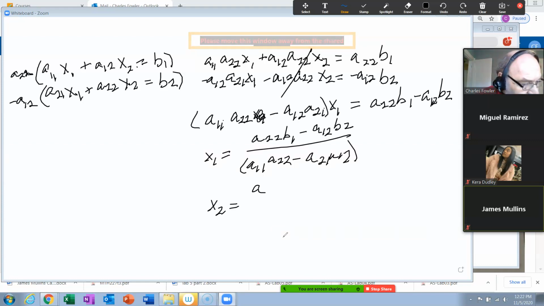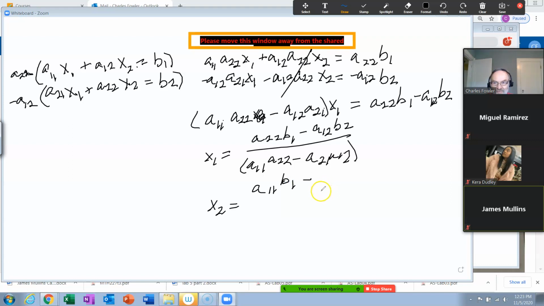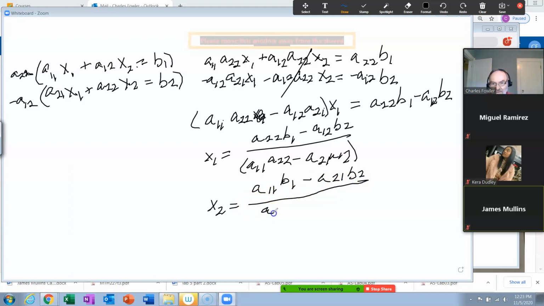I think it's A11 B1 minus A21 B2 over A11 A22 minus A21 A12.